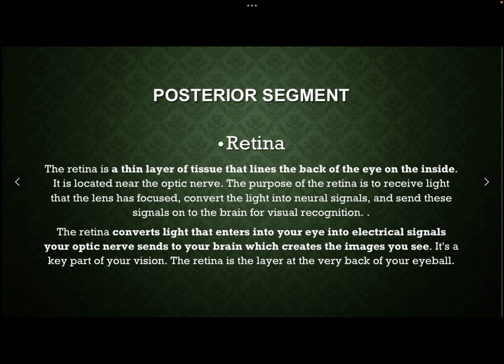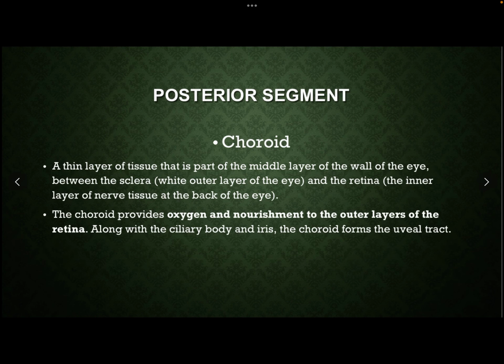The retina converts the light that enters your eyes into electrical signals your optic nerve sends to your brain, which creates the image you see. It's a key part of your vision. The retina is the layer at the very back of your eyeball.